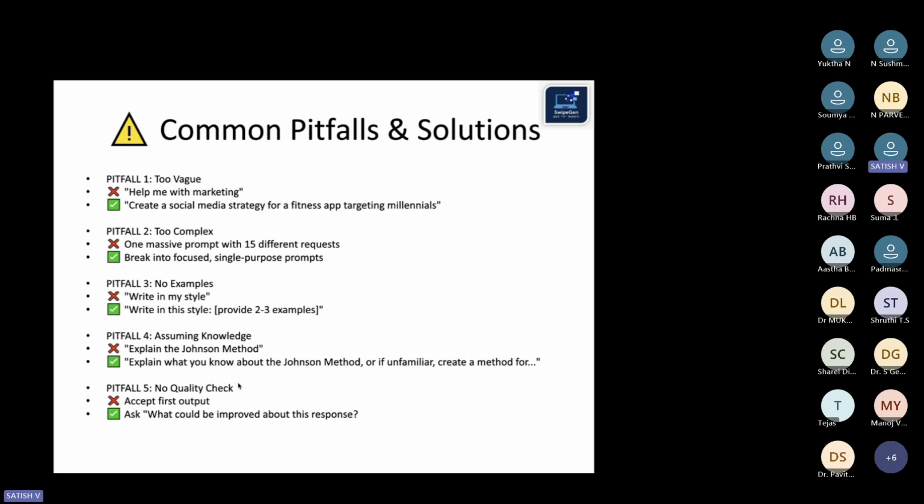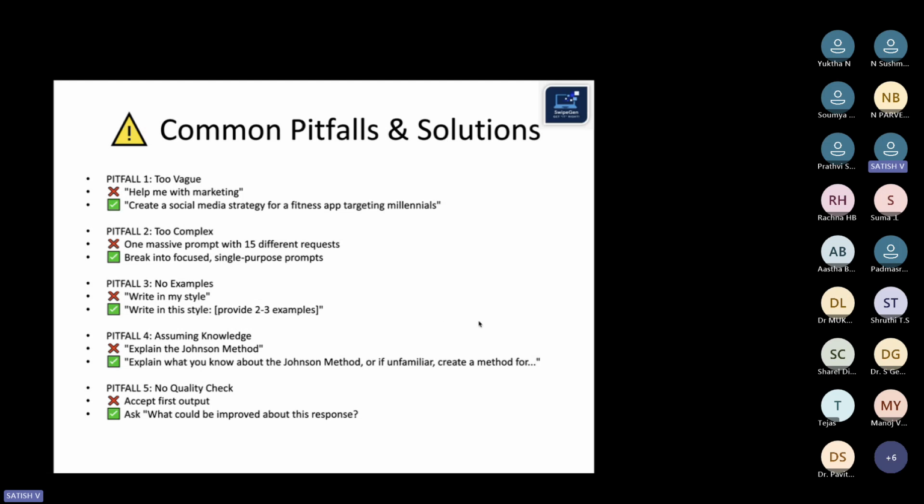Then, no quality check. You accept whatever output the AI gives, as AI cannot be 100% correct always. So we should always verify whatever response it gives. You can ask what could be improved about this response. Let's say you put in some content and got a response you are not happy with.